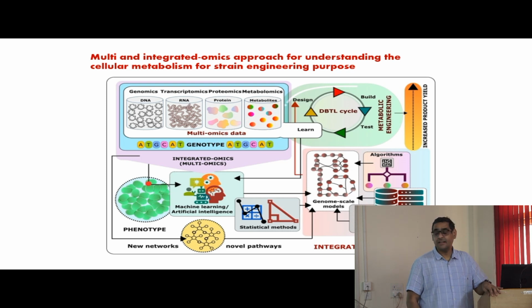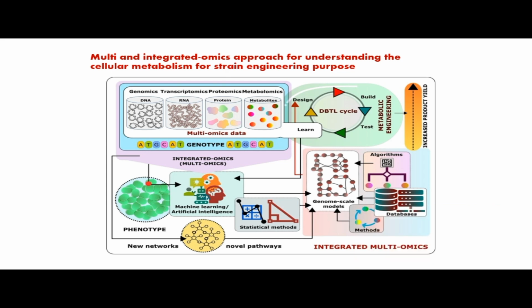One more thing not written here is about using various types of metabolic engineering tools which I have mentioned earlier. That also can give you a better strain. And if you are able to have a better strain for your product, your metabolite, your compound, definitely drug development will be better.